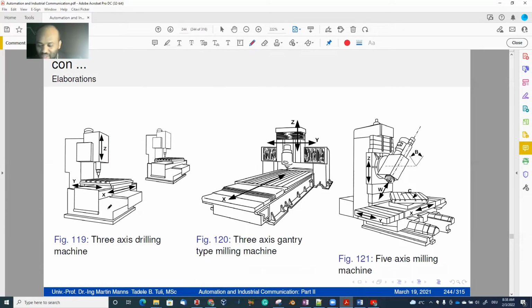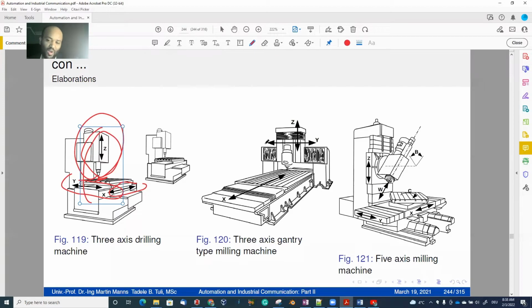Now, as I said, there are so many machines. For example, here you have a 3-axis drilling operation. So you assign the z-axis along this, the y-axis along this, the x-axis along this. For example, here you have gantry machine systems.